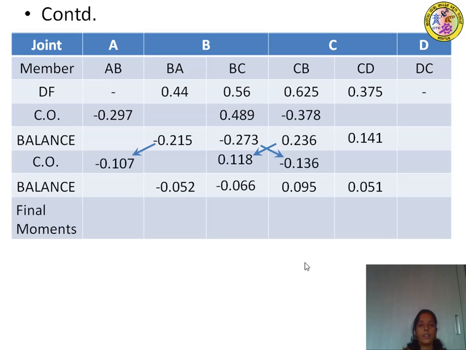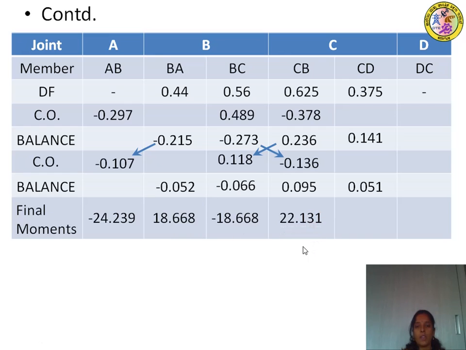So next, to get the final moments, MAB is minus 24.24, MBA is plus 18.668, and MBC is minus 18.668. So now you can see the summation of these moments is 0.